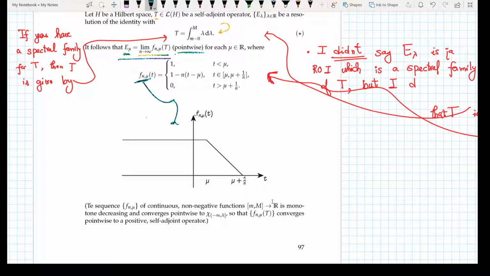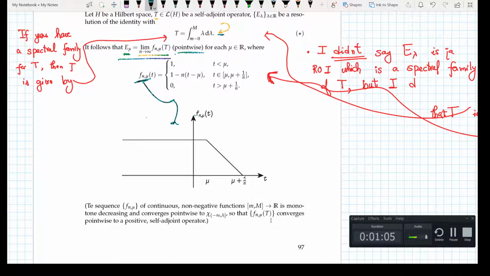It cannot be something else. I have the resolution of identity, and with the property that T can be written like this, then I can say that E mu or E lambda has to be given like this.